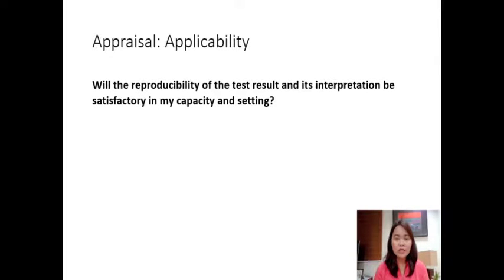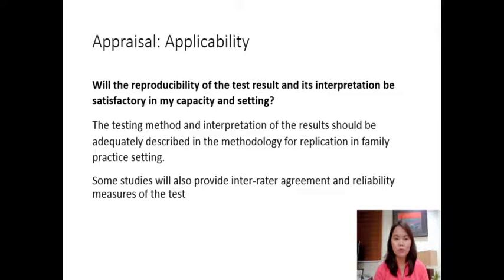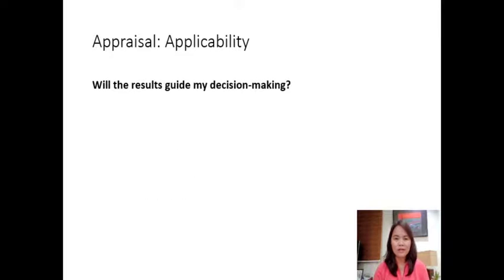And we will see if this interpretation will also be simple enough for us to use when we do this on our own setting already. So some studies might also provide inter-rater agreement and reliability measures of the test. Actually, this was done in this particular study. So yes, this was properly addressed in the Torres article.